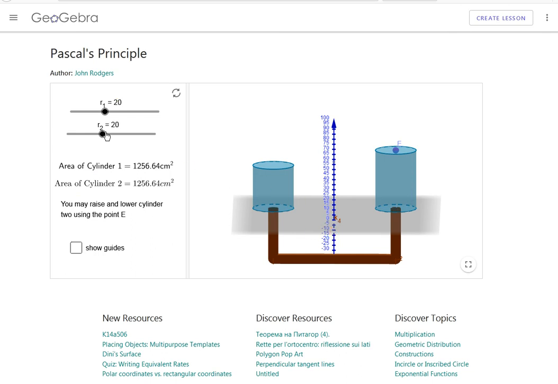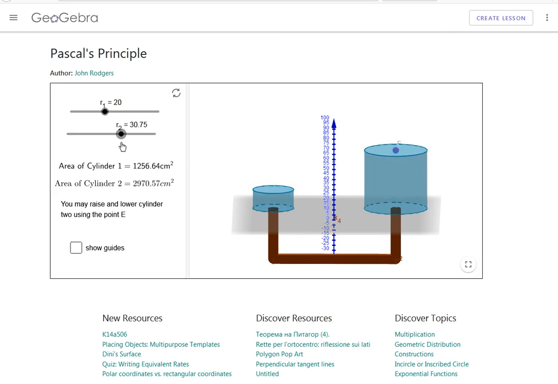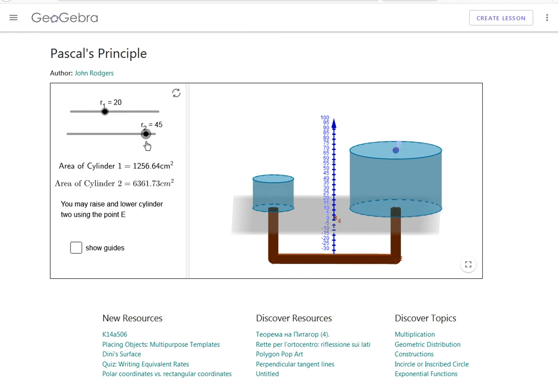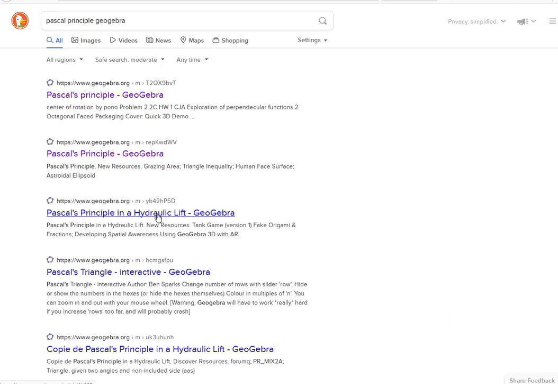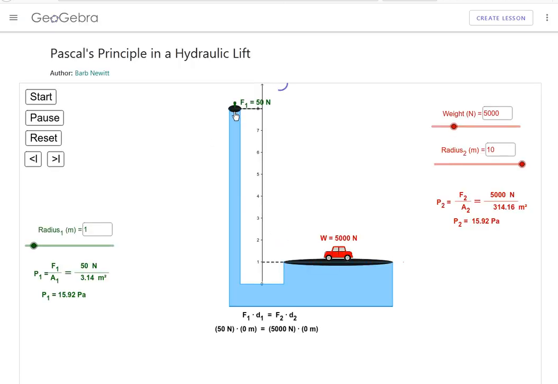But you are going to play in another experiment with a different interactive simulation like this one, in which you can change the cross-sectional area, the radius of one of the cylinders, make it narrower, make it wider, and then you are going to try to figure out what we need to place on top of the piston in the narrow cylinder such that you lift up a patient or a car. Yes, using the hydraulic lift principle.